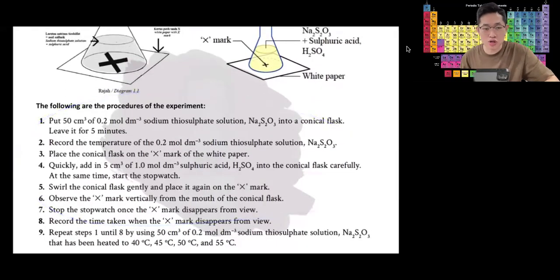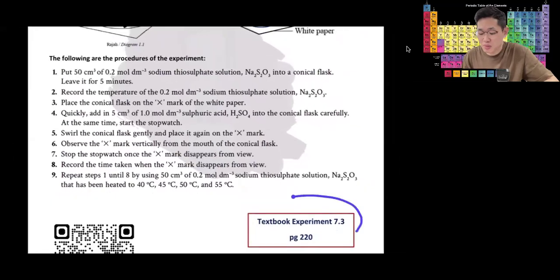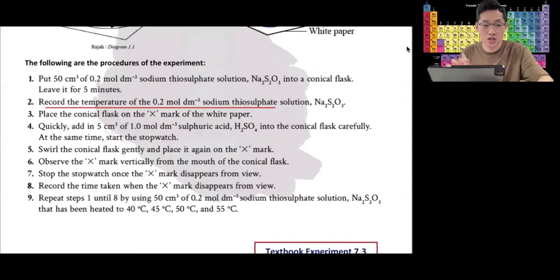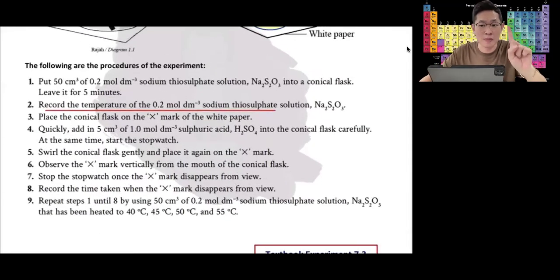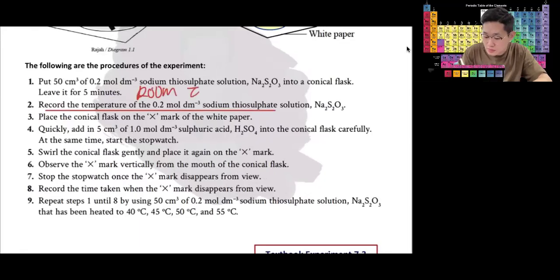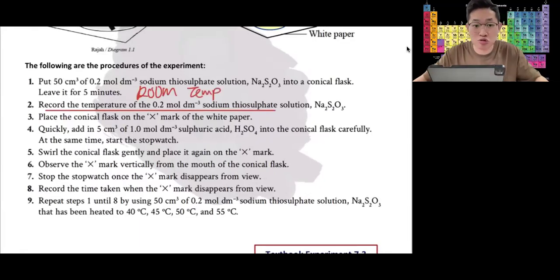According to the procedure that I found from the textbook, experiment 7.3, you have to record the temperature of your first set of experiment, and they are actually using room temperature. You should know that this can always change in the question.